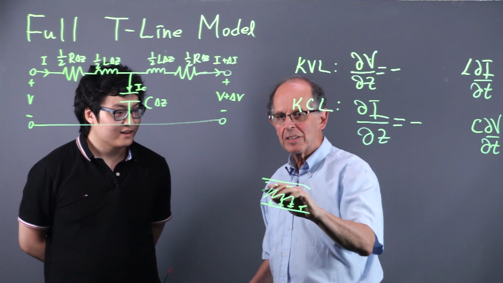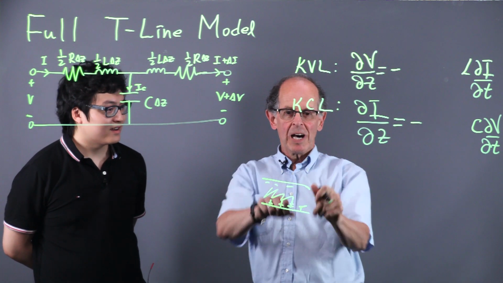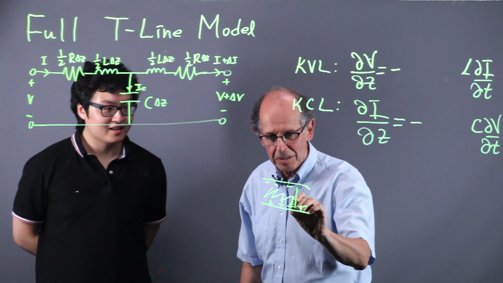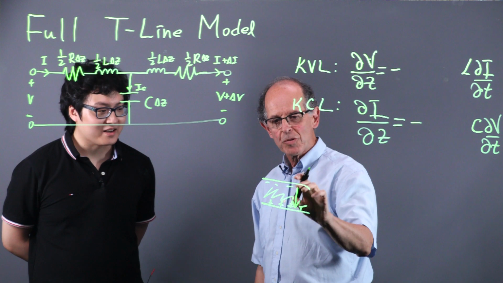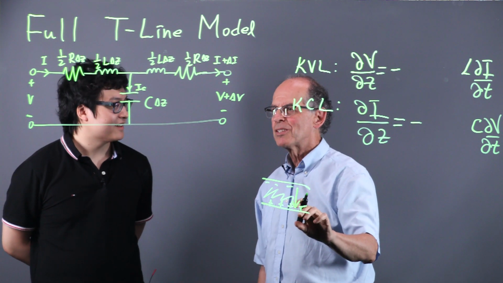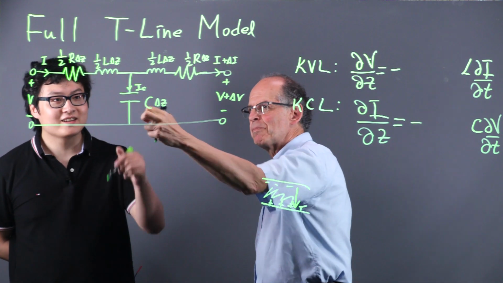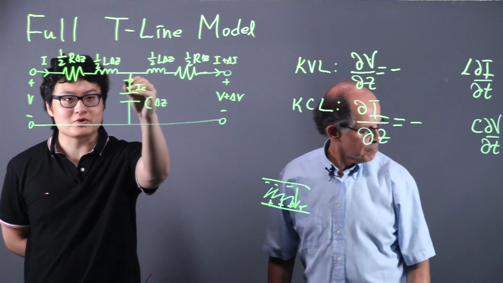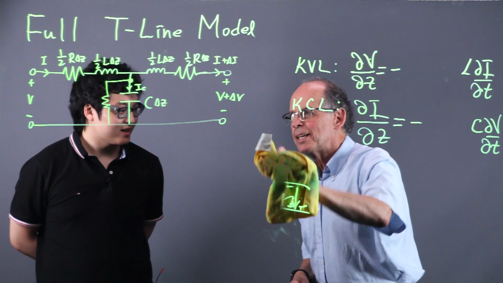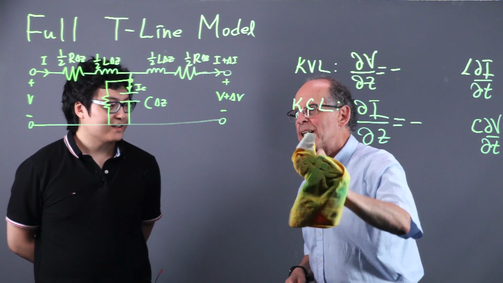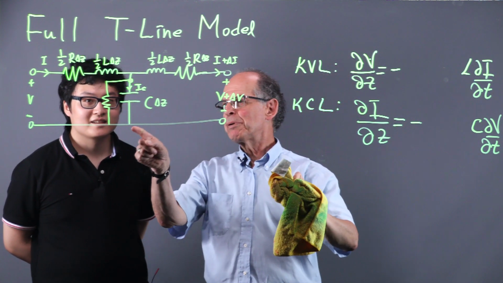Well, there's loss in the dielectric setting up the little dipoles, but there's also shunt currents. In other words, this can have some conductance, and so we have to account for that as well. Let's do that. I guess we just add a resistance on the side of this. When we come to model it, this is in parallel with that.